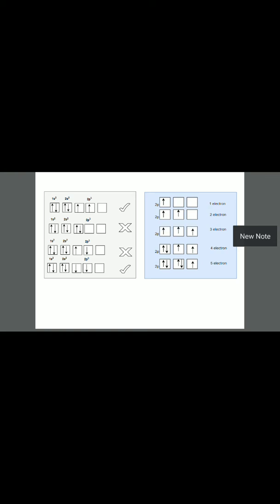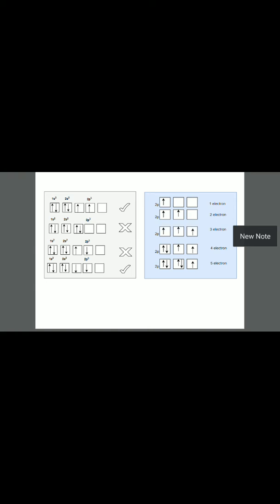In the case of 2s2, they are arranged in the paired state. Now in the case of 2p3, one electron is upward, the other is upward as well. Yes, it's correct because both are present in different orbitals of the same subshell.